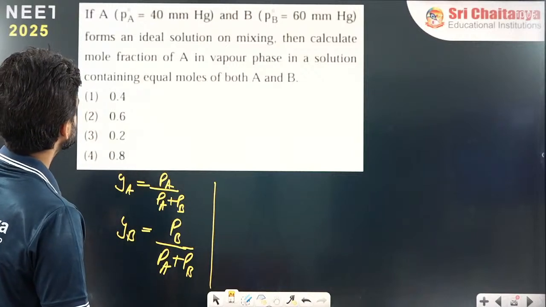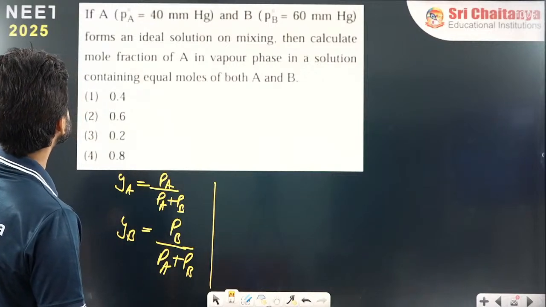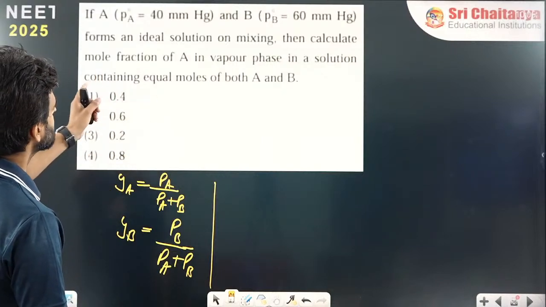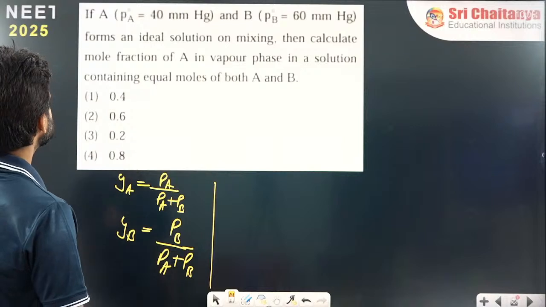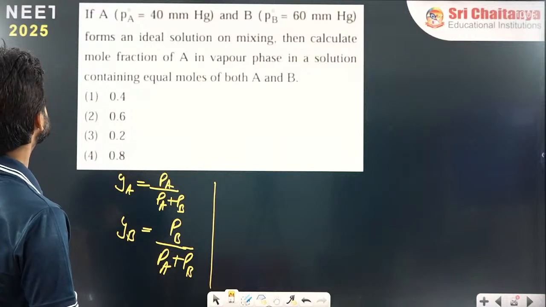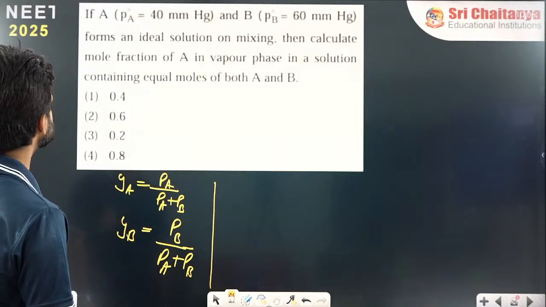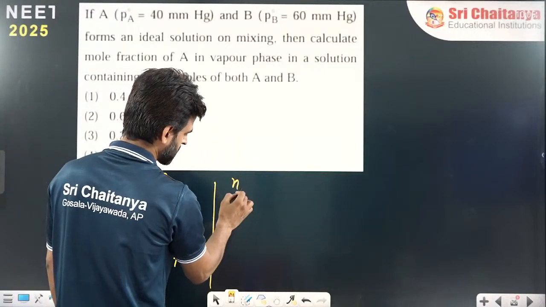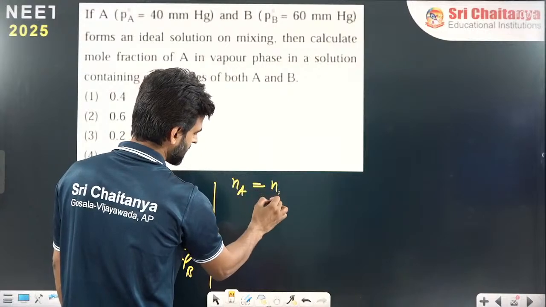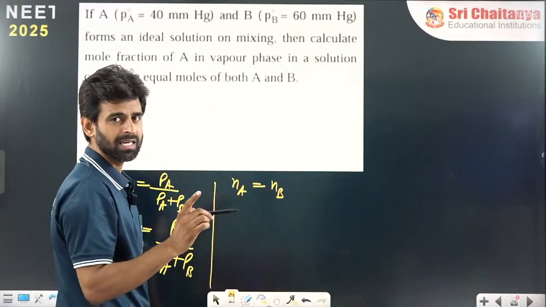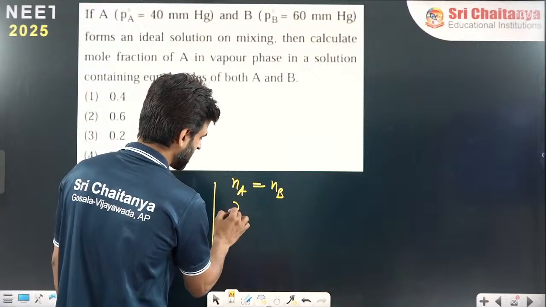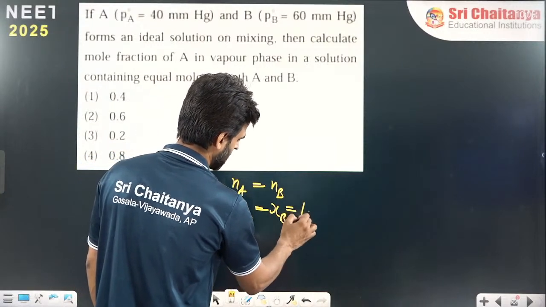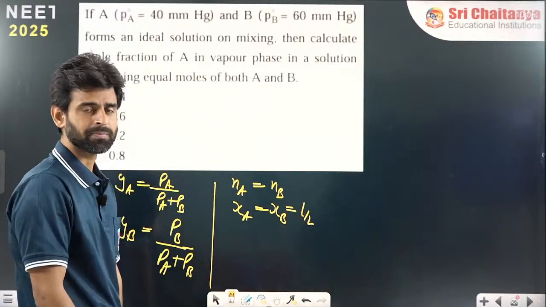Fine. So they have given to us P naught A and P naught B. From an ideal solution, calculate the mole fraction of A in vapor phase in a solution containing equal moles of both A and B, right? Equal moles. If nA and nB are same in the liquid phase, then I can say XA, mole fraction of A, and B also are the same, half and half.